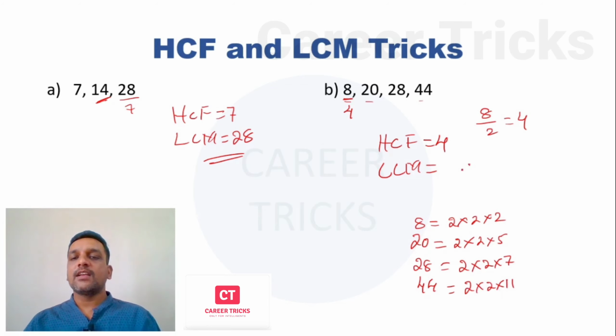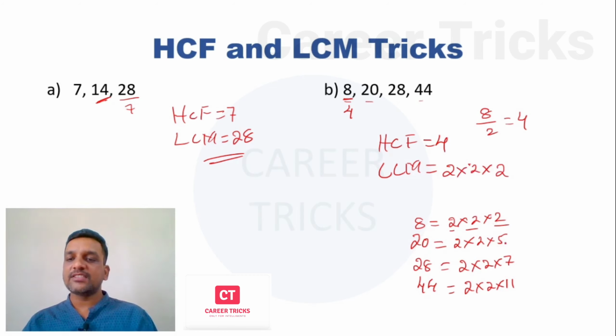Now we check for the LCM, the least common multiple. Here I have to check how many 2's are there. Three 2's are there: here 2, here 2, here 2. I will consider three 2's first, meaning the maximum number of 2's is taken.